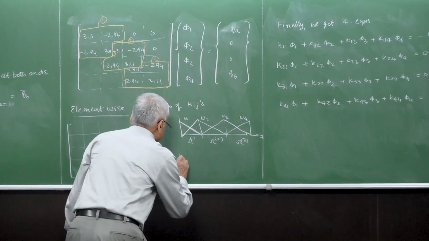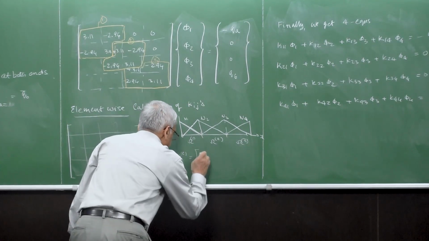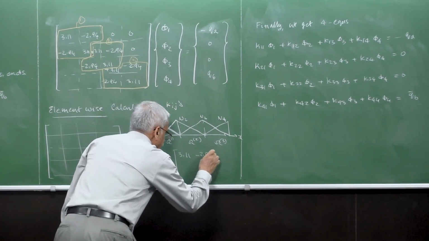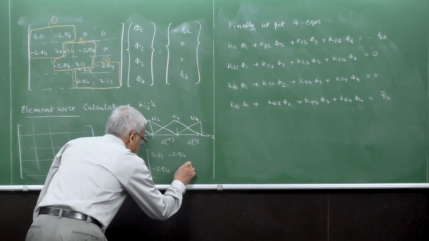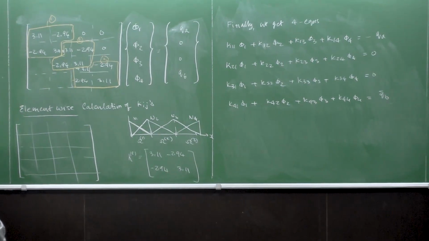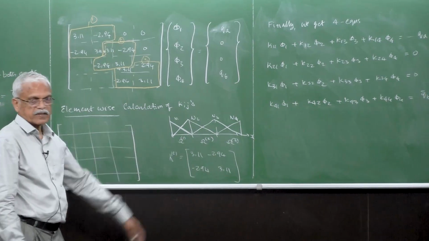This K matrix for any element is 3.11, minus 2.94, minus 2.94, and 3.11. So what you can see here is that this is a general contribution of any element for this particular application.